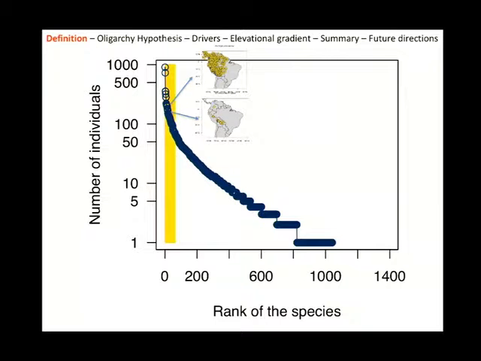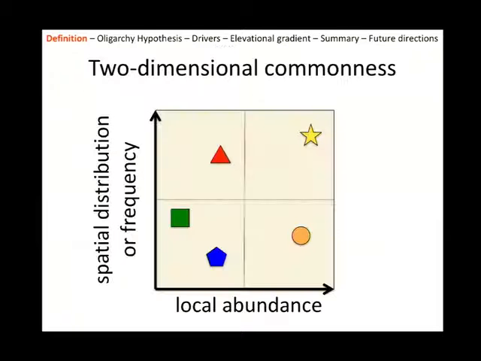And these two independent aspects of commonness can be combined in a single framework. This is the definition of commonness that I like most and the definition that I'm going to use in the talk.